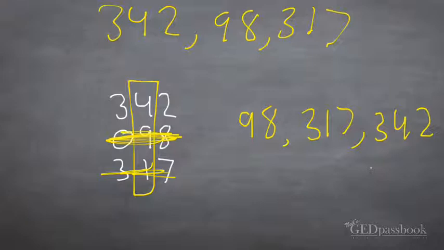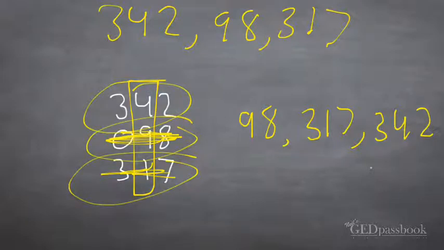If you forget about money and all that, if you brought in a kid that doesn't deal with money and is just learning numbers, how would they know 317 is smaller than 342? It's because of this right here. It's because of their place values. They know this one is the largest, this is the second, and this is the least.